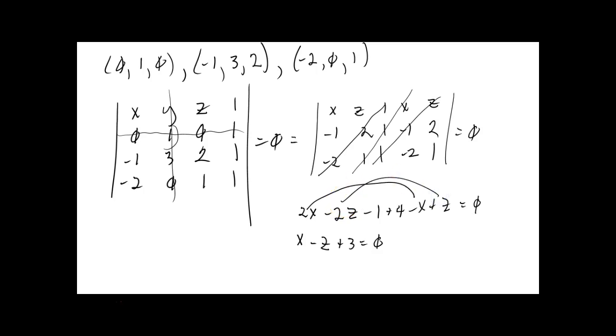So, that's a little unsatisfying because you only have one equation, okay, but 2 unknowns. So let's write it as X minus Z is equal to -3.